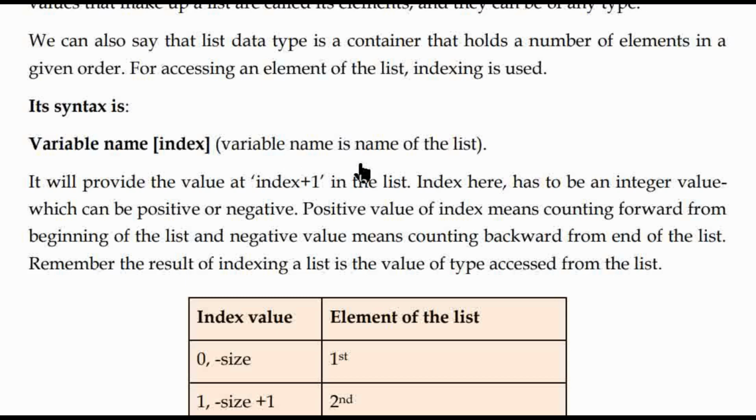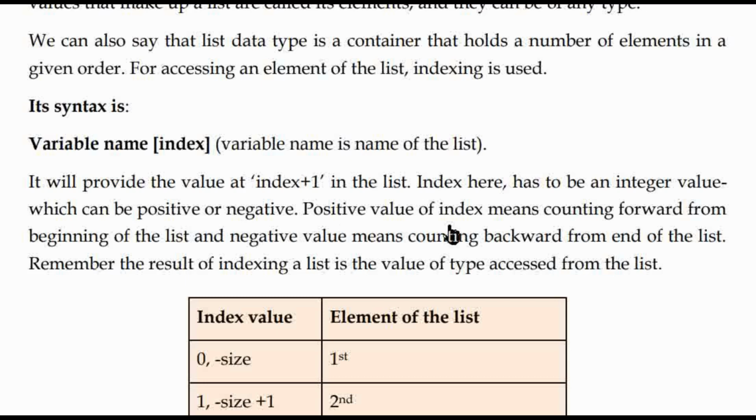Variable name is the name of the list. It will provide the value at index plus 1 in the list. Index here has to be an integer value which can be positive or negative.